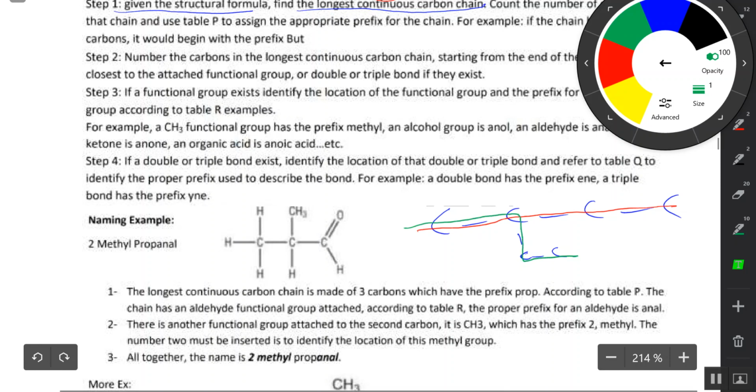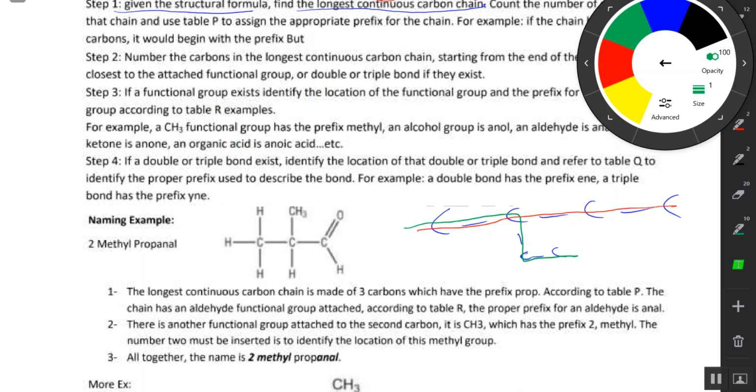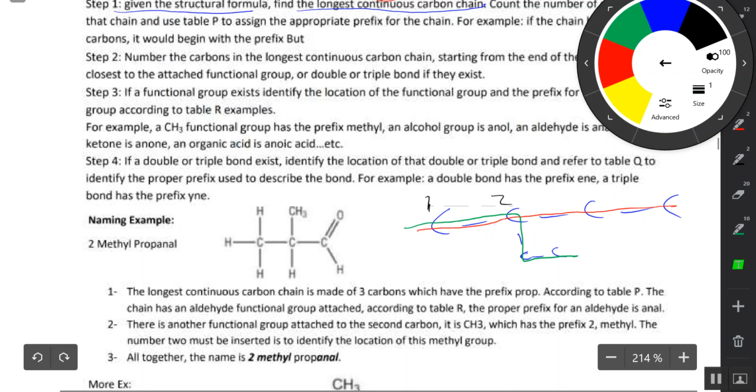That's still the longest continuous chain. But no matter how you look at it, on the second carbon, so this is carbon 1, this is carbon 2, on the second carbon, you will have 2 carbons attached to that chain. So if you're looking at the green chain, these 2 carbons will be attached to the second carbon. If you're looking at the red chain, these 2 carbons will be attached to that red chain.